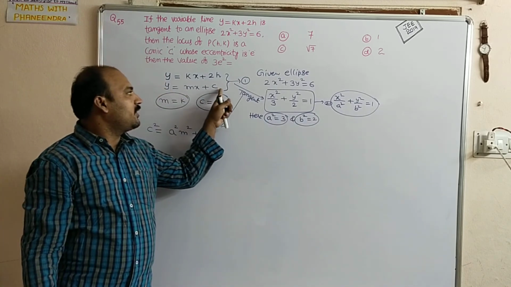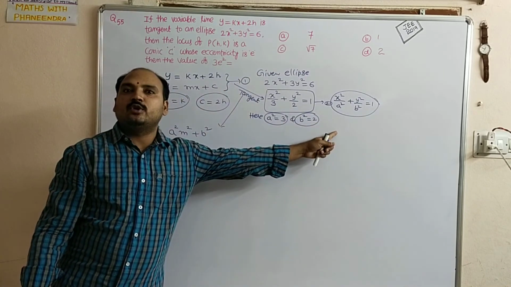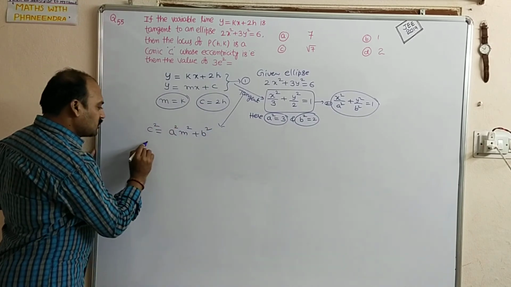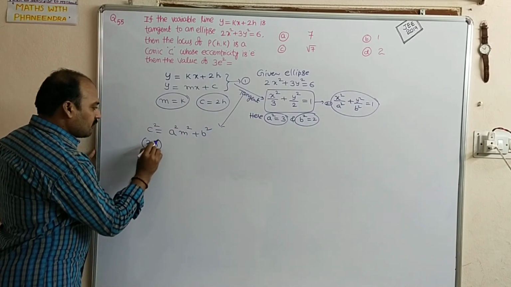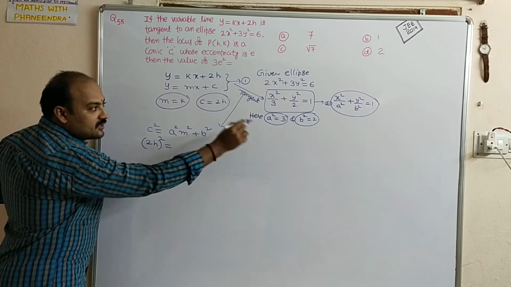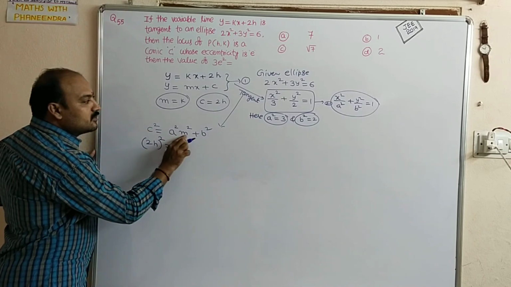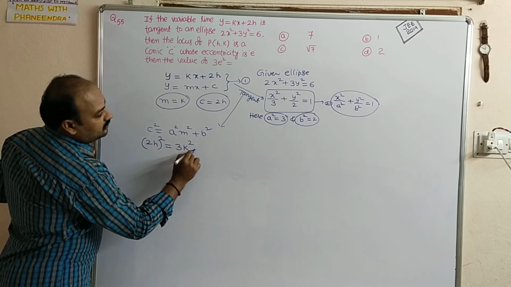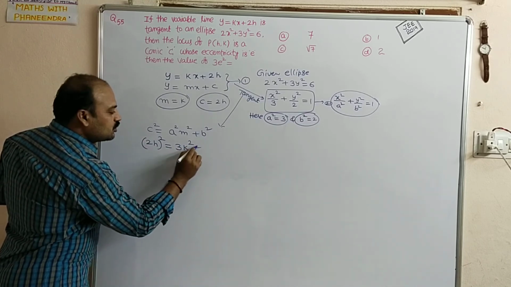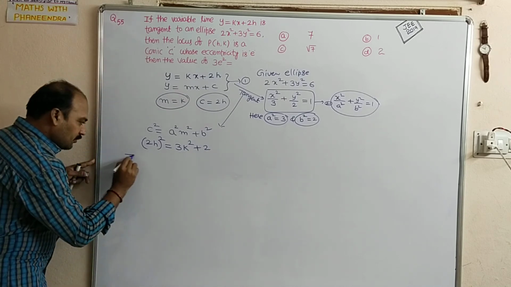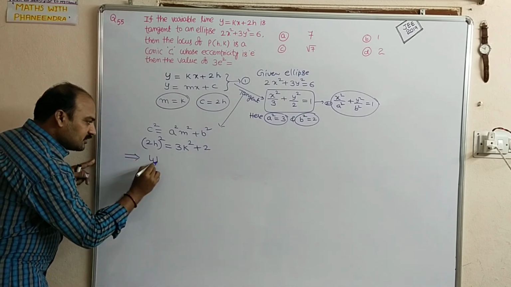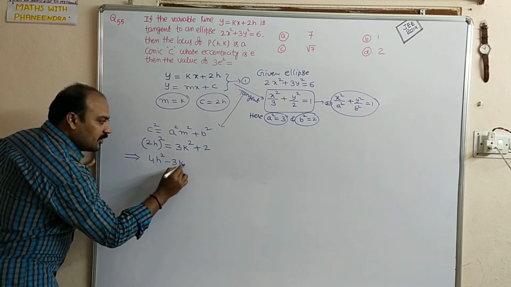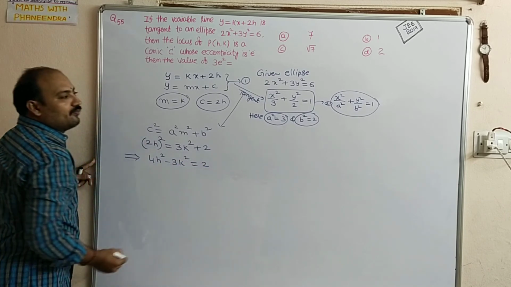So now c square, that means (2h) whole square, equals a square, what is a square? 3, m square, k square, plus b square. What is b square? Value is 2. So that implies 4h square, the 3k square I am taking this side, minus 3k square is equal to 2.